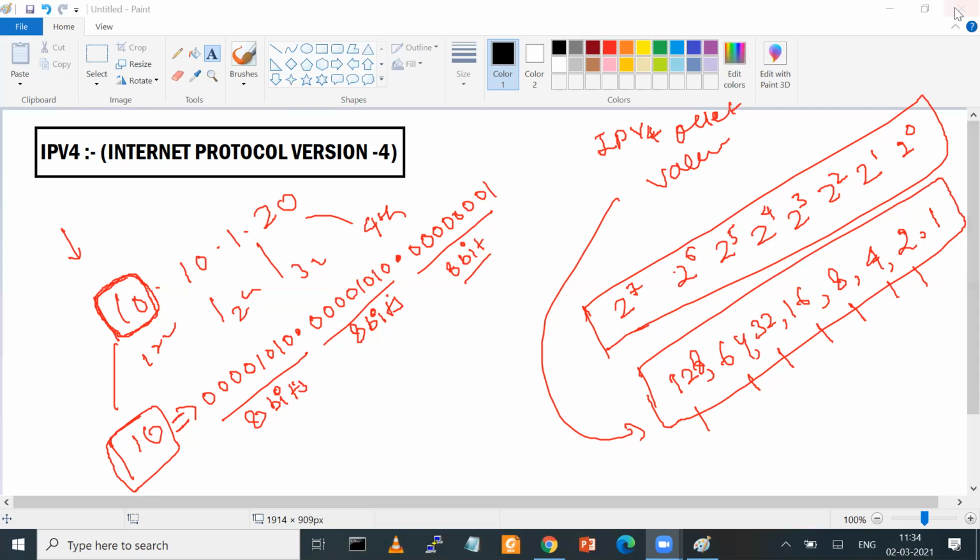So 16 and 4 we just have to use. Yes, it is the same. Okay. Pankaj, did you get it? Yes, sir, same.